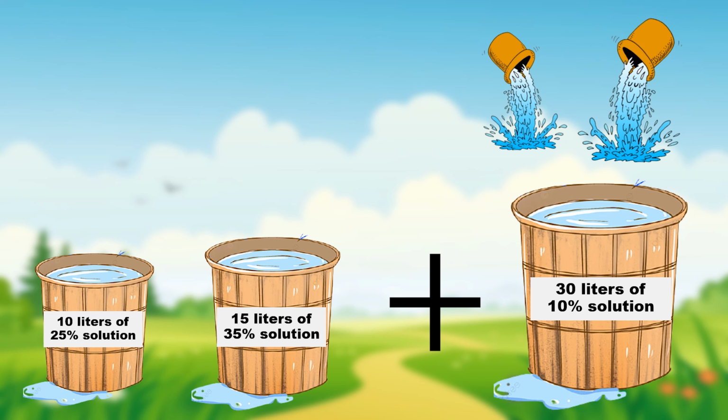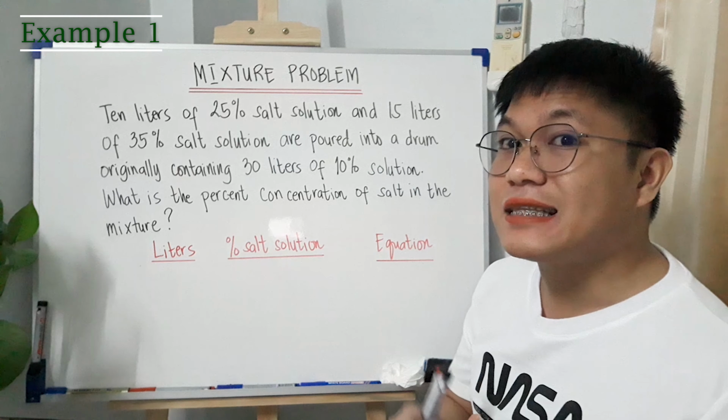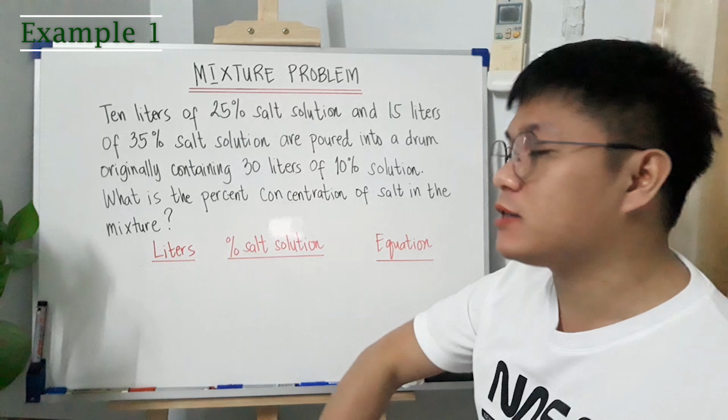So the problem here is we are going to get the percent concentration of salt in the mixture, that means after we poured the 10 liters of 25% salt solution and 15 liters of 35% salt solution.